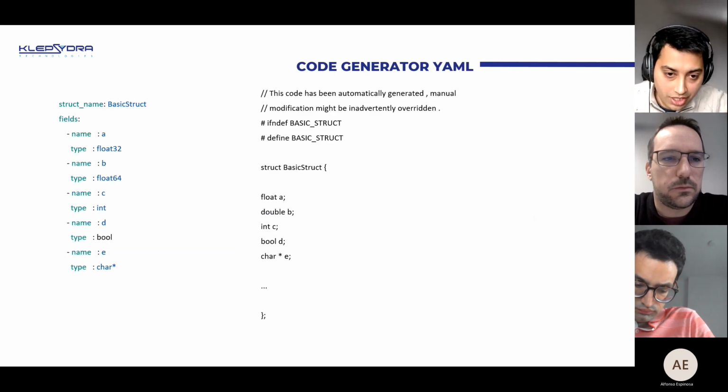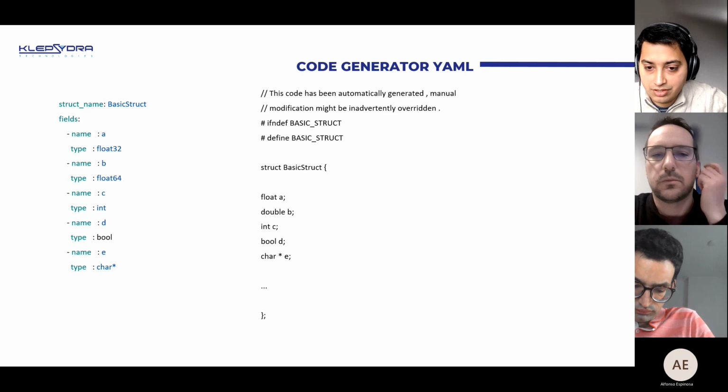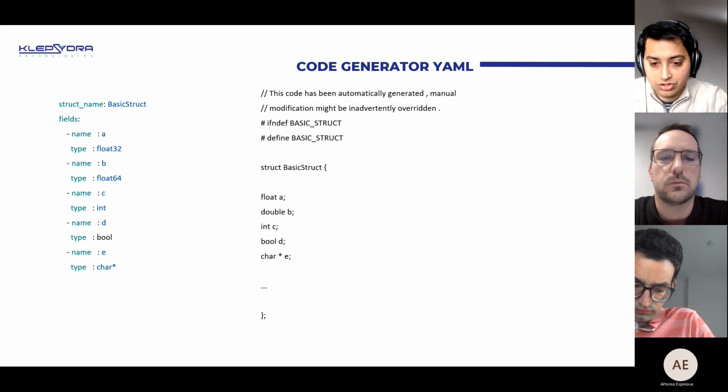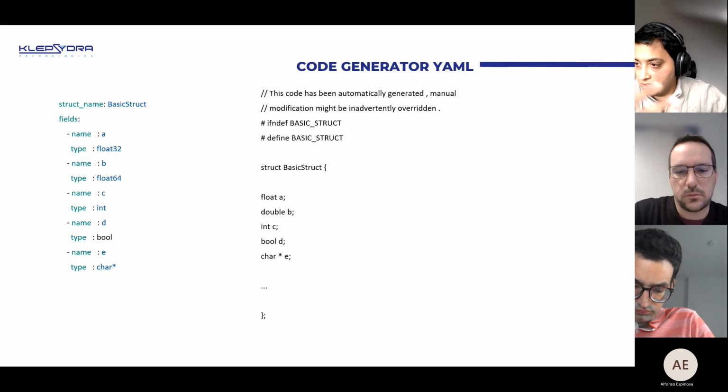So essentially, if you have a YAML structure on the left defined like this, the code generator will define a structure on the right, with types like float, double, and so on. You can also have std string, pointers, smart pointers, vectors, and so on. It's quite good.